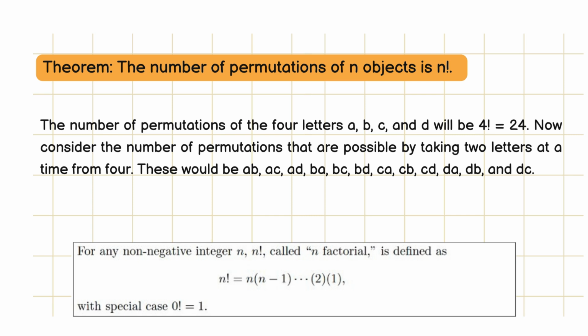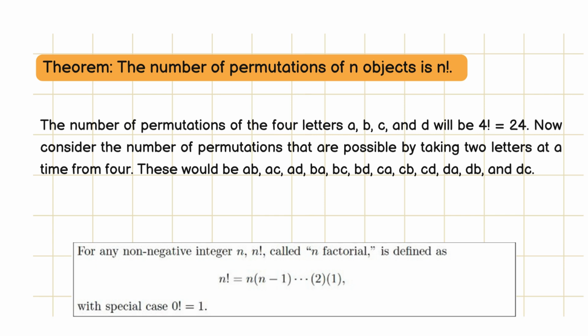Now consider the number of permutations possible by taking 2 letters at a time from 4. This will be AB, AC, AD, BA, BC, BD, CA, CB, CD, DA, DB, and DC. We have the same technique for 3 letters and 4 letters.